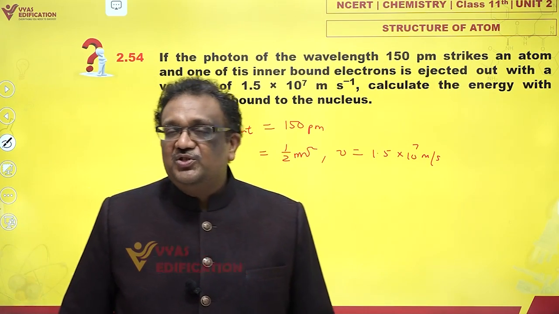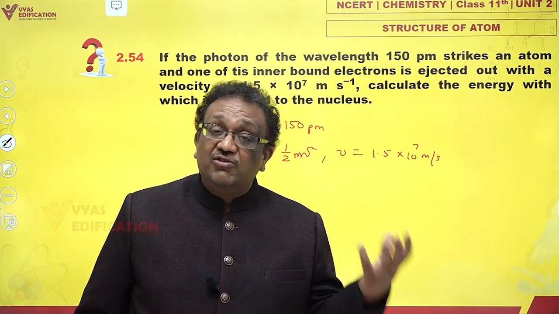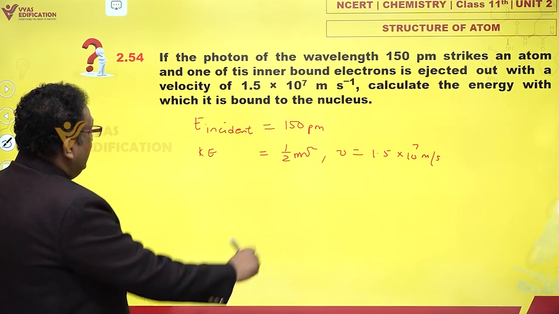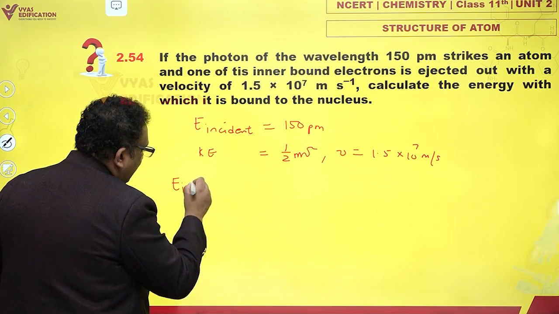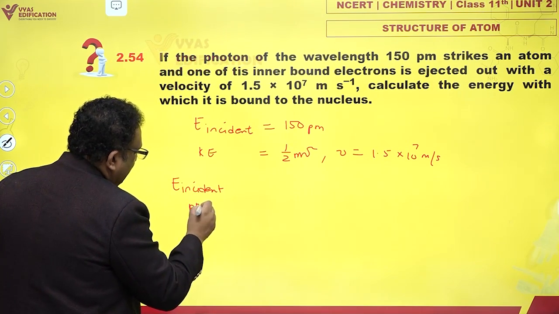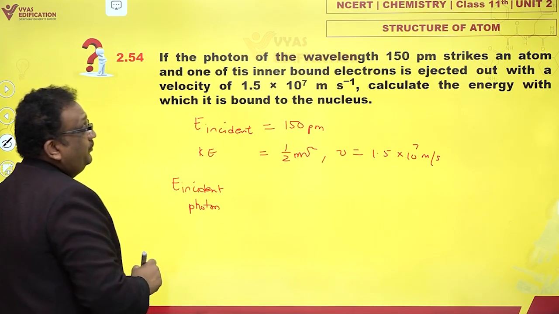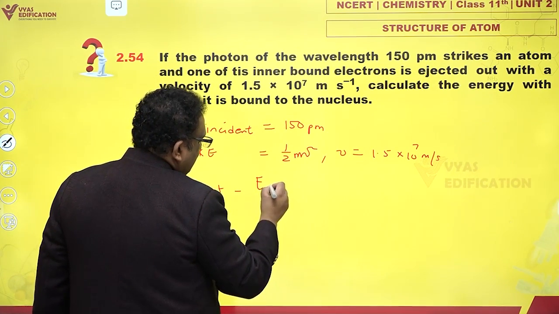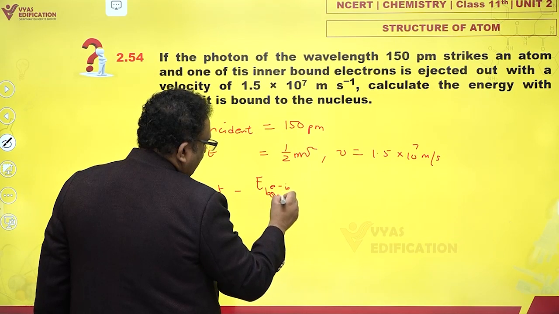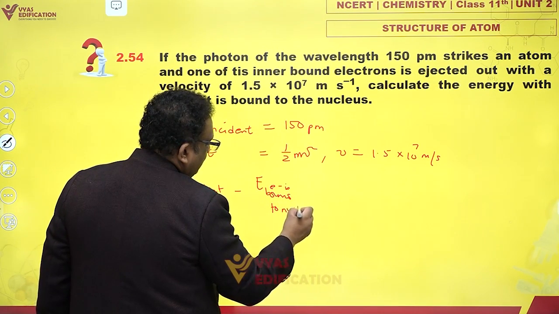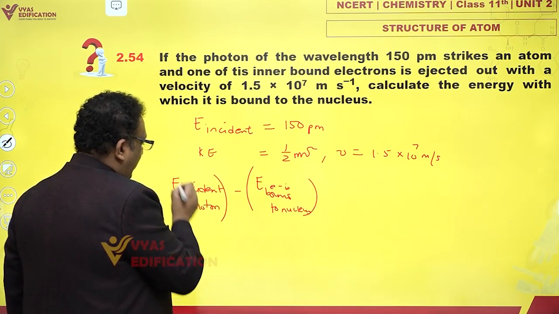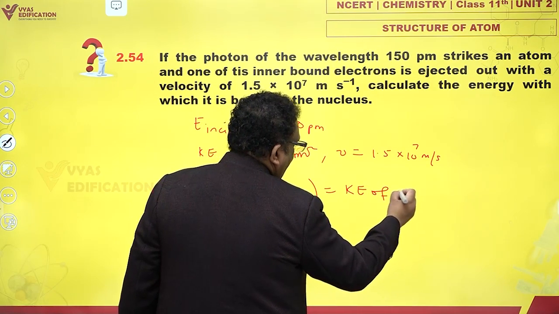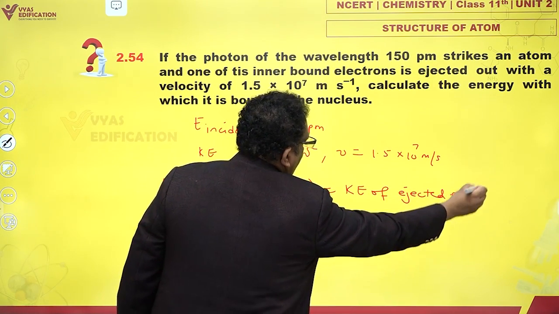The concept is very similar to the photoelectric effect, although instead of a metal crystal, it is being applied to an atom. How do we first use common sense and derive our equation? It is E of incident photon, the energy of the photon which came in, minus the energy with which the electron is bound to the nucleus, or the binding energy of the electron, equal to the KE of the ejected electron.